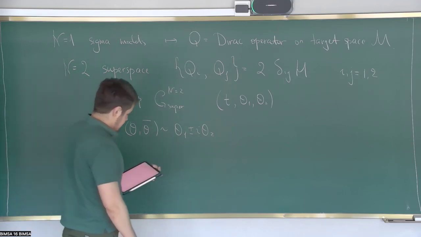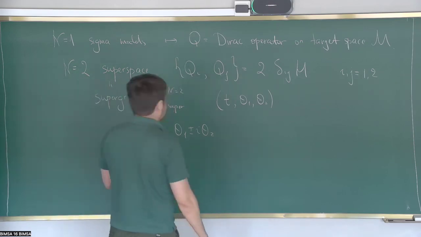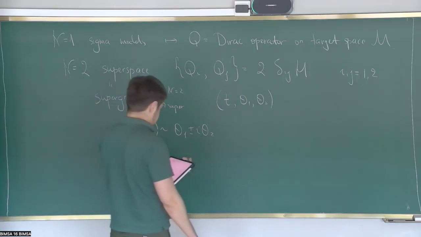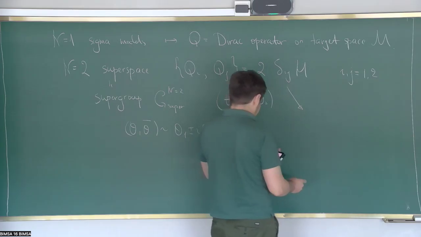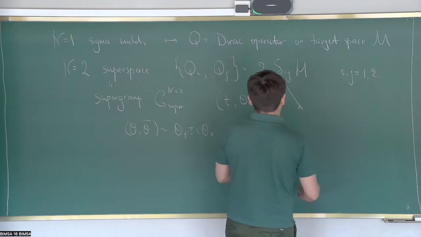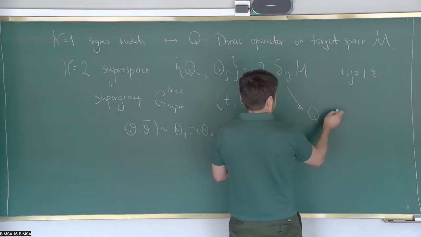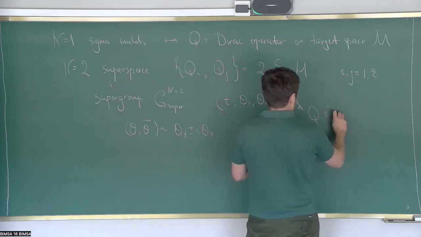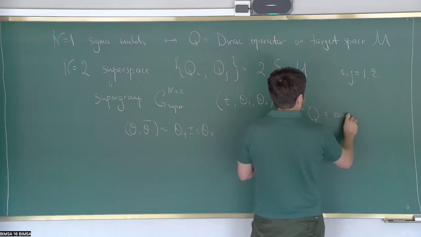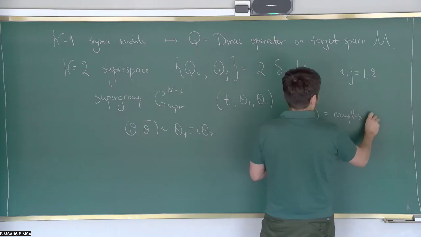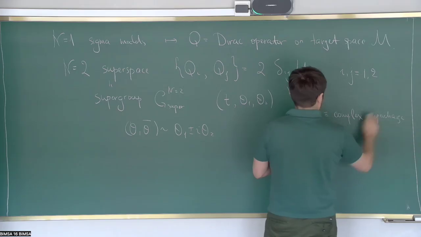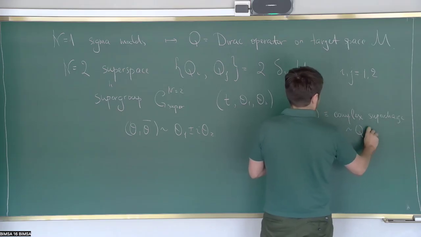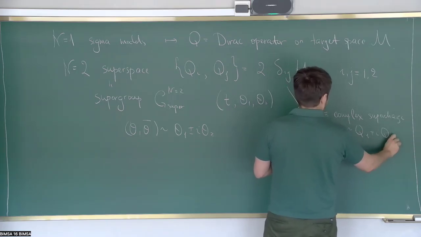And like I said, we can complexify the Lie algebra. Then we can equivalently rewrite it in terms of the complex supercharges. So from now on, by Q we will denote the complex supercharge, Q1 plus i Q2, up to some constant.